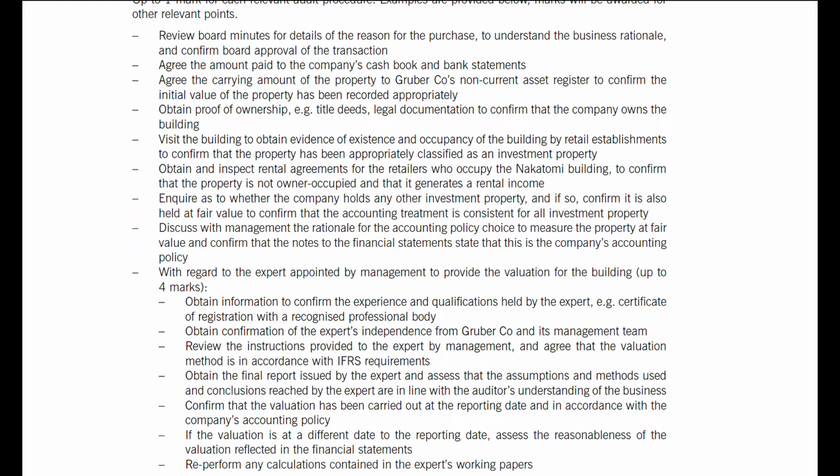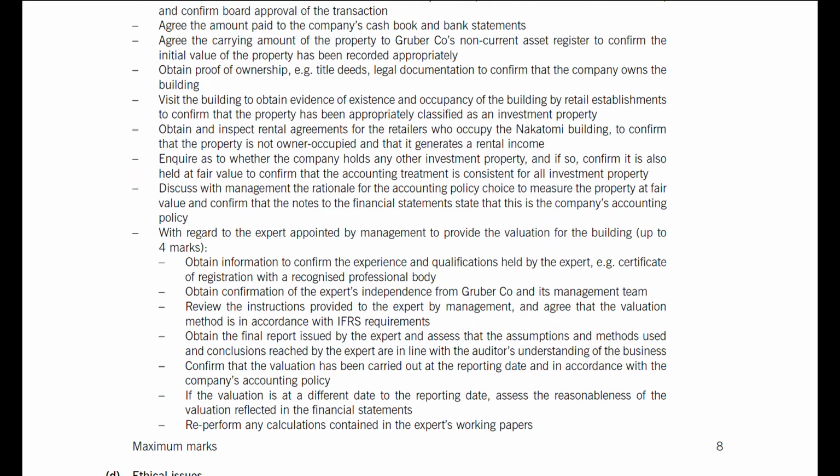Obtain and inspect rental agreements for the retailers who occupy the Nakatomi building to confirm that the property is not owner occupied and that it generates a rental income.